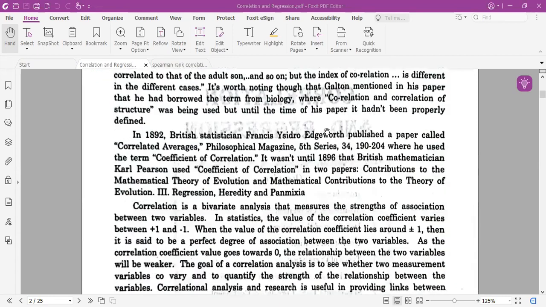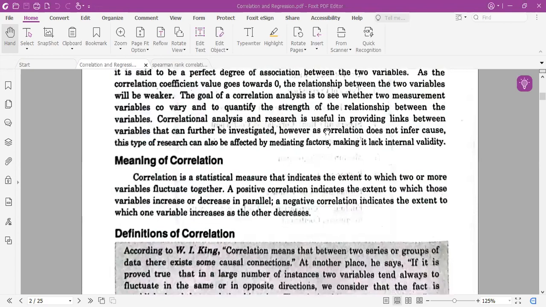Now let us look at the definition of correlation. So what is the meaning of correlation? So correlation is a statistical measure that indicates the extent to which two or more variables fluctuate together, and based on that you have what is called positive correlation or negative correlation. If the values in both the variables are moving in the same direction, then we call it a positive correlation.